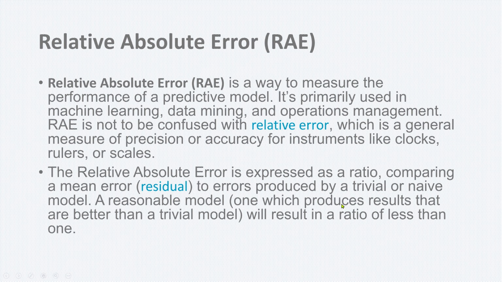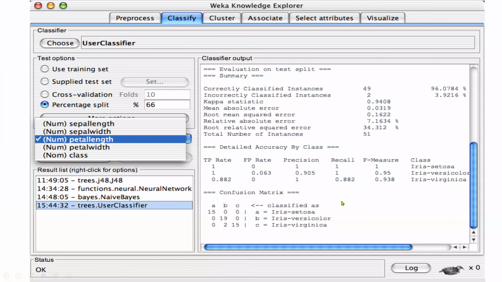Oh, sorry. Our result is 7. That's what I'm wondering, because if it's 7, which is very bad, but when we look at our result, it's a very good result. 96% correctly classified is very good. So it's in percentage.